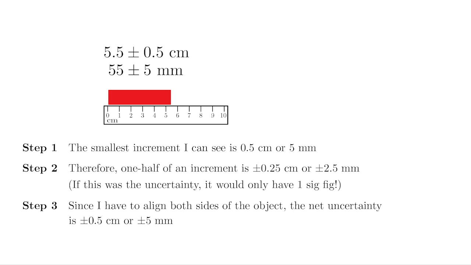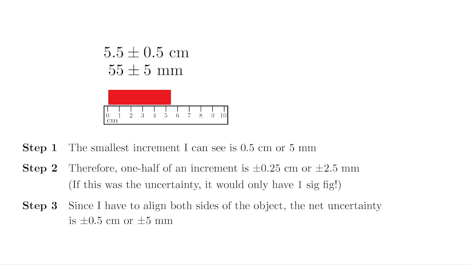When I look at this rectangle, I would judge the distance as in the middle between 5 and 6 centimeters. So I would call that 5.5 centimeters, with an uncertainty of 0.5 centimeters. That'd be equivalent to 55 plus or minus 5 millimeters.